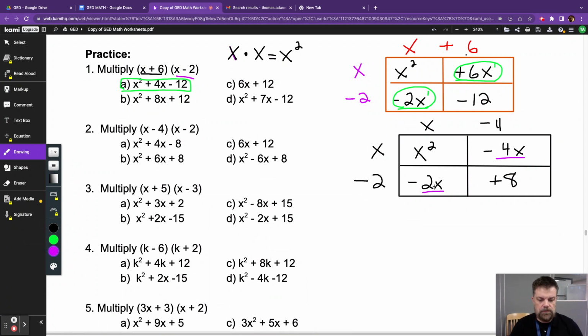Negative 6. Okay. So that means that those two add up to be negative 6x. So we have x squared, check, negative 6x, check, positive 8. The answer is D.